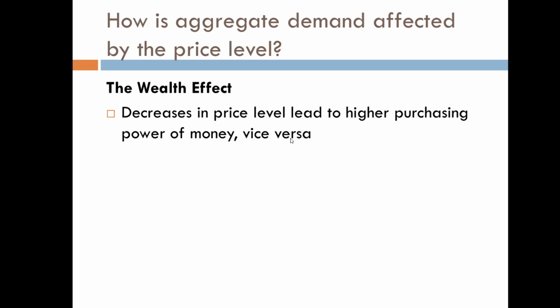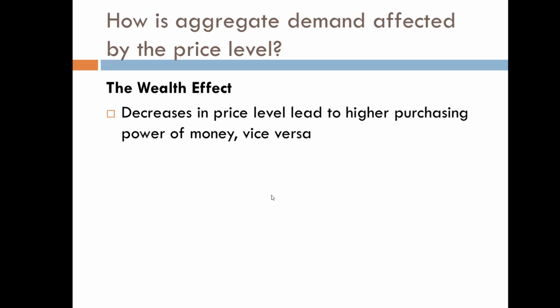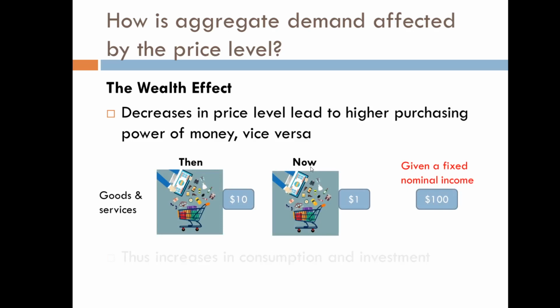That's why, when the price level is decreasing, you prefer to spend more. That's what you are trying to see from the diagram here. When the price level is changing, your spending will change as well. So that's one: the wealth effect.